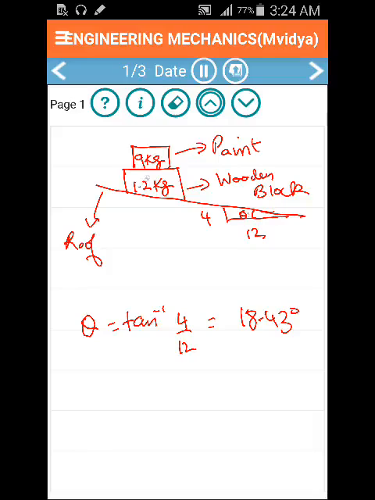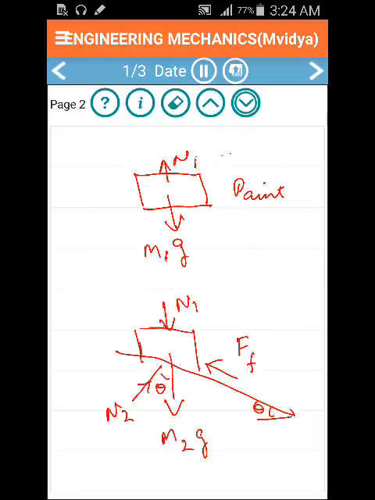So if you have to draw the free body diagram, let's start with the free body diagram of the paint box. So we have M1G, where M1 is 9 kilos, acting downwards. The normal force, the force exerted by the wooden block on the paint box, is upwards.